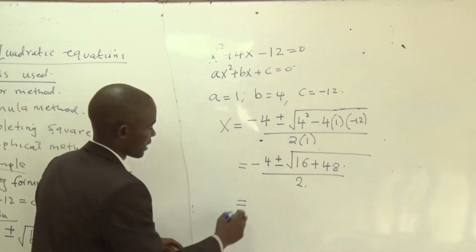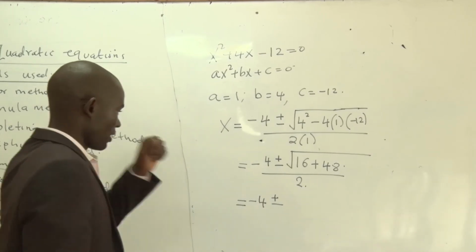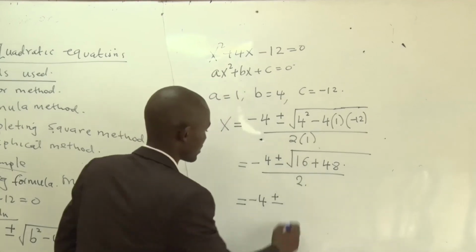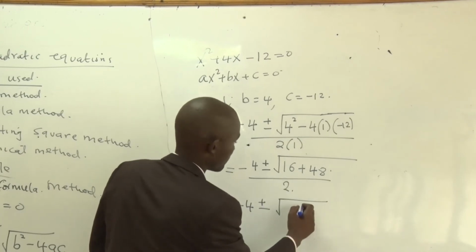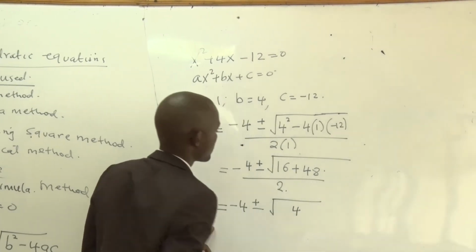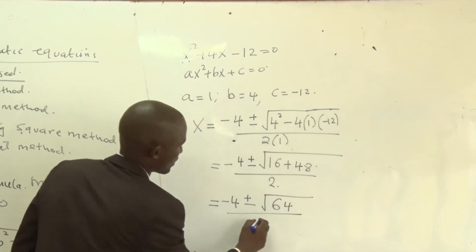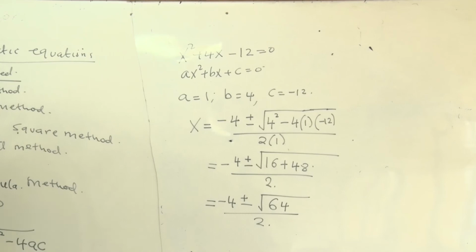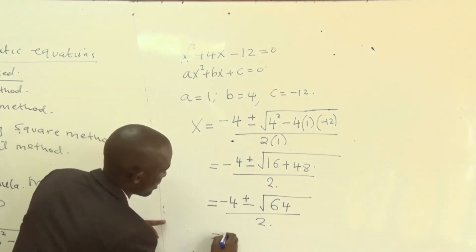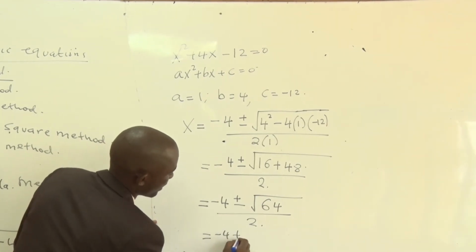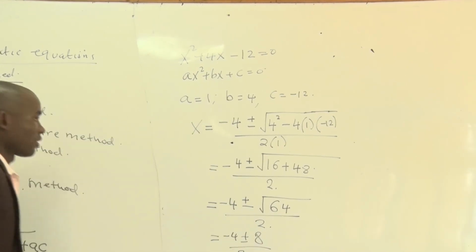This will be equal to minus 4 plus or minus the square root of 16 plus 48, which is 64, all over 2. Remember the square root of 64 is 8. So this one narrows down to minus 4 plus or minus 8 all over 2.